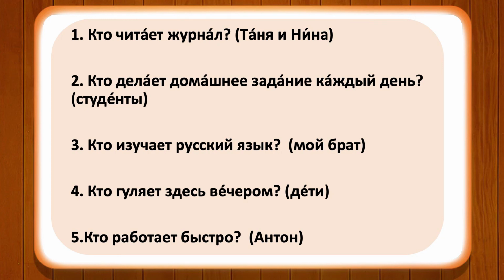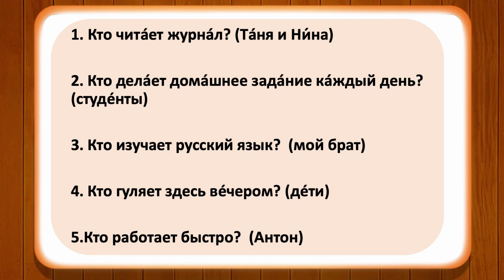Answer the following questions using the words given in the bracket. The first question is Кто читает журнал? With the interrogative pronoun кто, we always use the он form of the verb. So кто читает журнал?